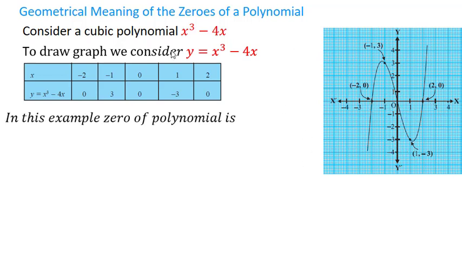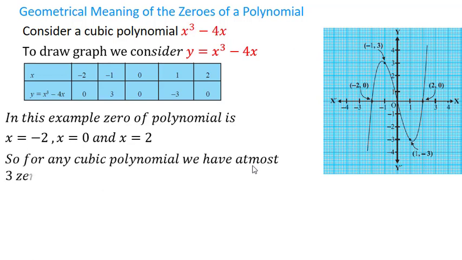If I simplify this relation and find zeros, I will find that there are 3 zeros. One is x equal to -2, x equal to 0 and x equal to 2, and from the graph also we can see that there are 3 zeros, and these 3 points are nothing but the x coordinates where this graph cuts the x-axis. So in case of a cubic polynomial I have at the most 3 zeros possible.